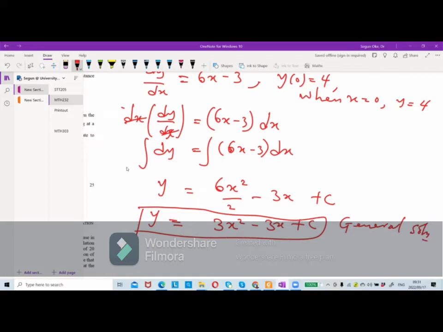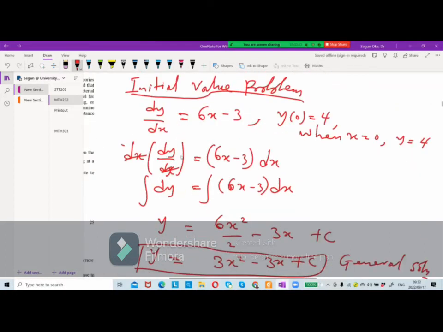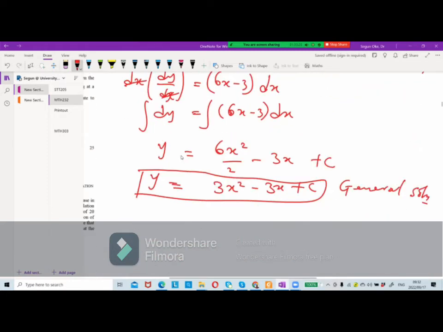If you are not in class or you don't know how to solve this problem, you think it's hard. But now the question says, when y equals 4, x equals 0, let's substitute and see. We want to calculate c. Y equals 4, so we have 3 of 0 squared minus 3 of 0 plus c.